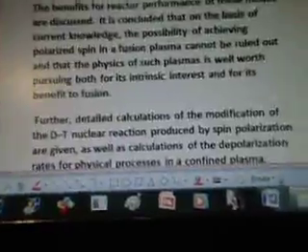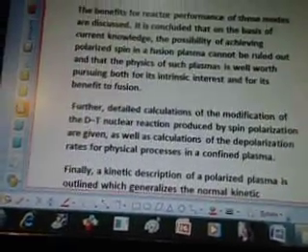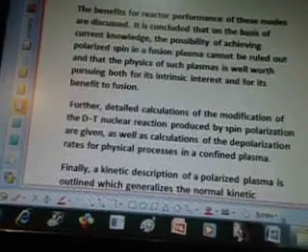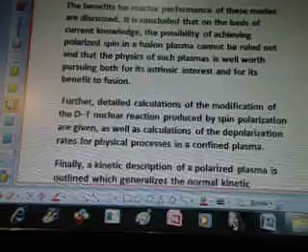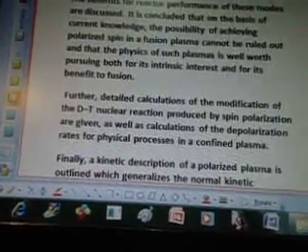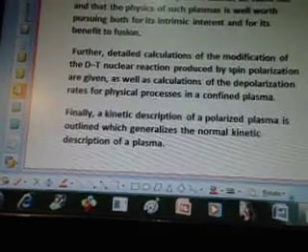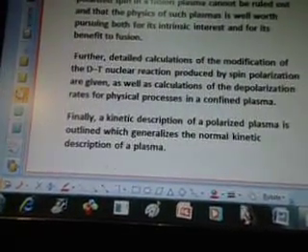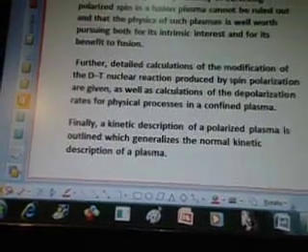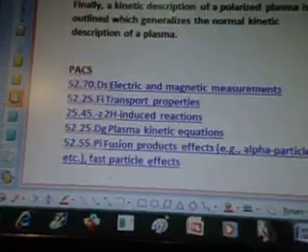Further detailed calculations of the modification of the DT nuclear reaction produced by spin polarization are given, as well as calculations of the depolarization rates for physical processes in a confined plasma. Finally, a kinetic description of a polarized plasma is outlined, which generalizes the normal kinetic description of a plasma. And these are all the things that are discussed in this article.